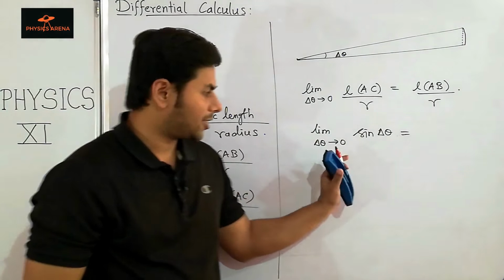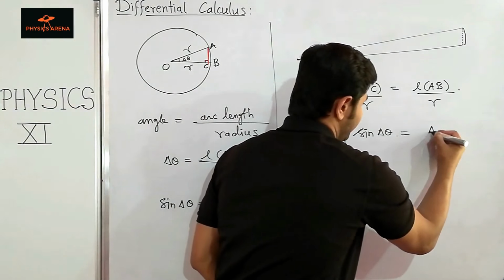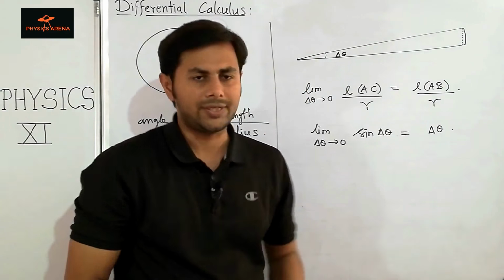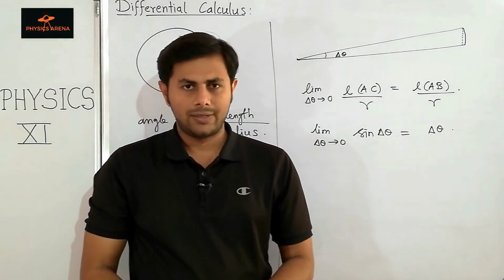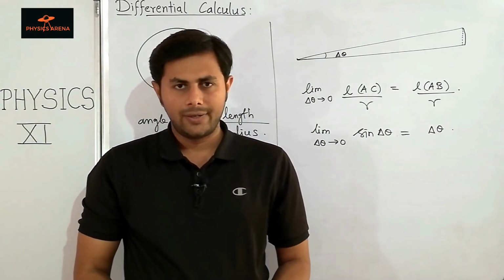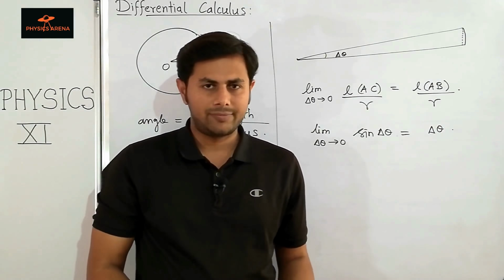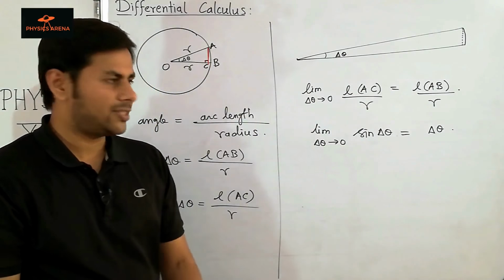So in the limit delta theta tends to 0, sine of delta theta is equal to delta theta. So the sine of an angle and the angle itself are almost identical in the small angle limit, that is, when the angle becomes very, very small. So this is a very important result.